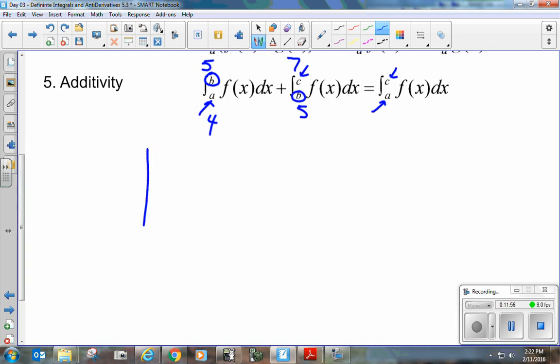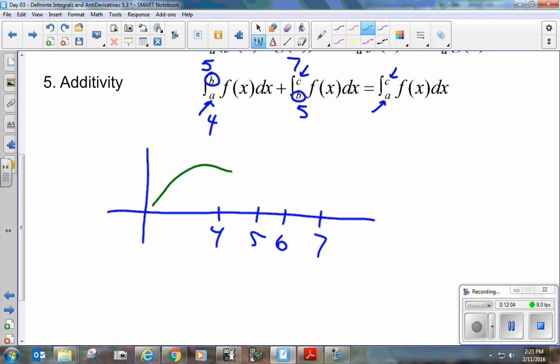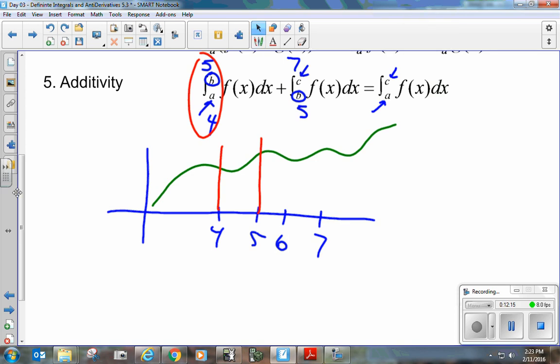If I have a graph, 4, 5, 6, 7, and I have this curve, I don't care what it looks like. And this first one, right here, 5 to 4, says I want the area from here to here. And then I take this one, from 7 to 5, would be from here to here.